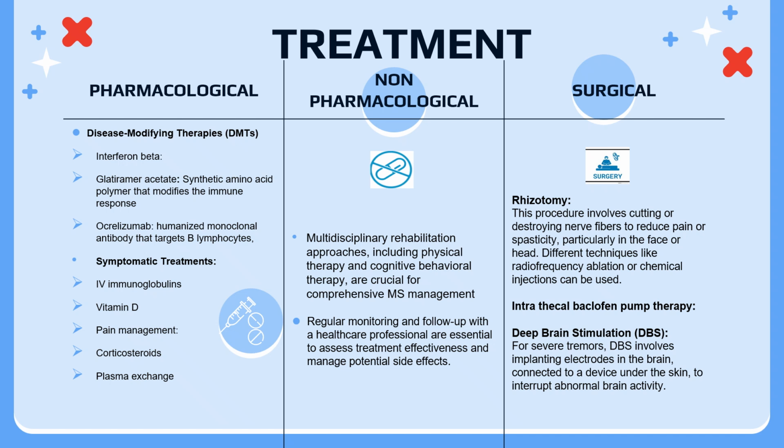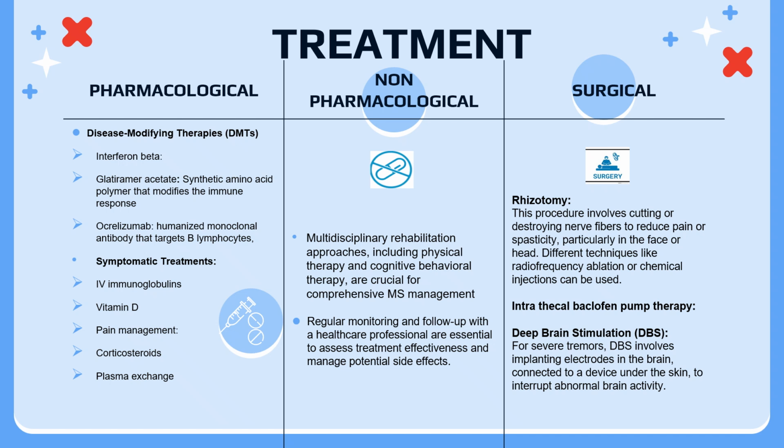You don't need to remember the names exactly, but if you see medications like ocrelizumab and glatiramer acetate, you must know they are for multiple sclerosis. Interferon beta, you will hear names like Avonex. Glatiramer acetate, you will hear like Glatopa or Copaxone.